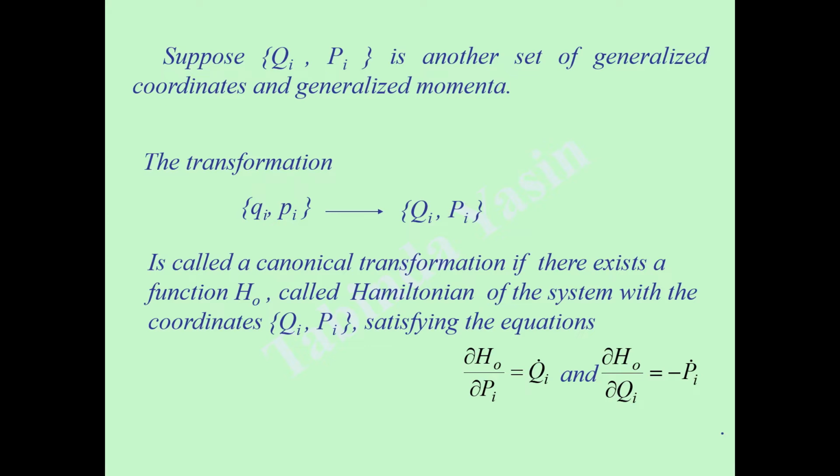The old Hamiltonian was represented by capital H and the new Hamiltonian is represented as H naught. So we can write partial H naught over partial P_i is equal to capital Q_i dot, and partial H naught over partial capital Q_i is equal to minus capital P_i dot.